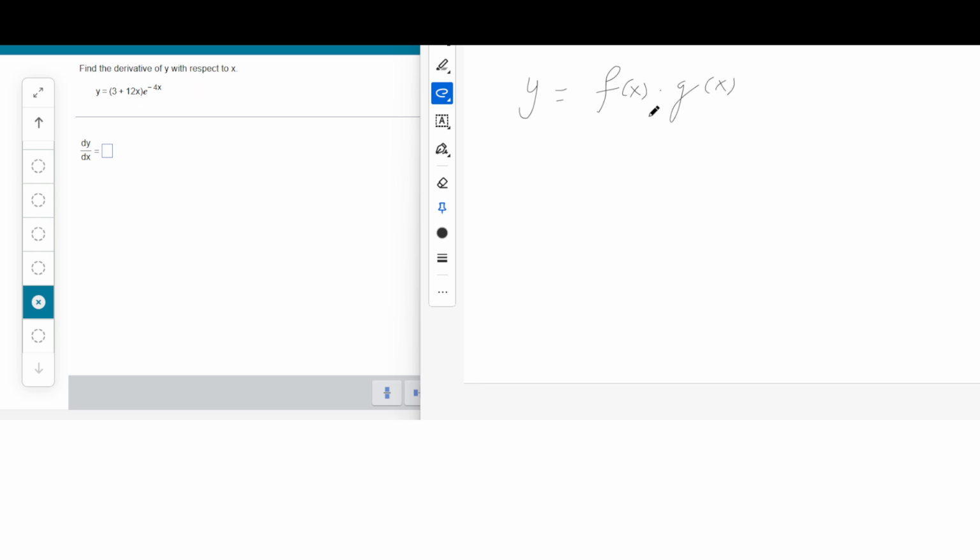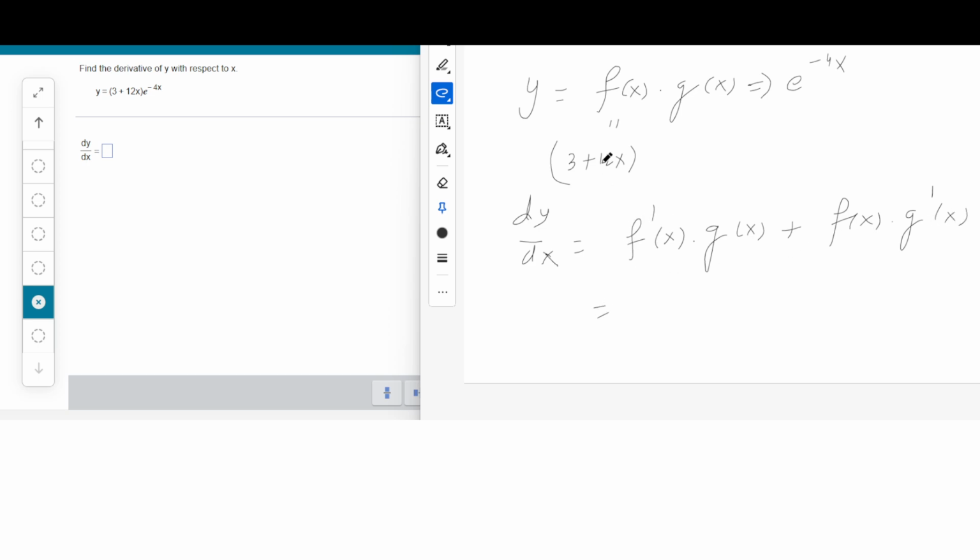It's a product of two different functions where f of x is 3 plus 12x and g of x is e to the power negative 4x. So finding the derivative of this function needs the product rule. Product rule is the derivative of the first function, leave the second function, plus leave the first function and find the derivative of the second function.